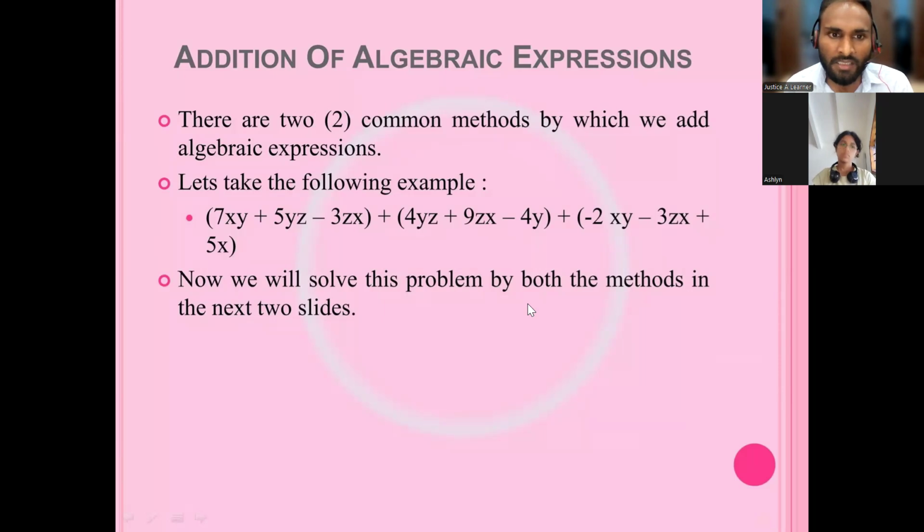So here we see 7xy, 5yz and 3zx. And in another parenthesis, we see 4yz, 9zx, 4y, 2xy, 3zx, and 5x. So we have them in positive or negative terms. Can you find what would be the value for this? Can you simplify it? Is it possible for you now?